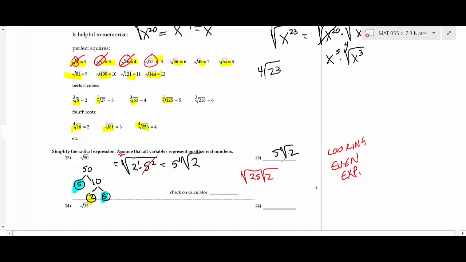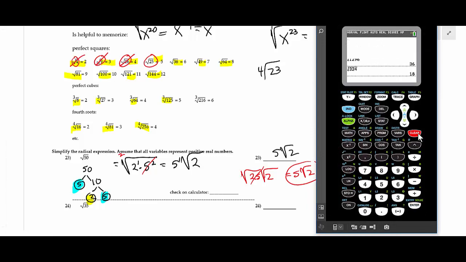Then what's the square root of 25? 5, and then you're left over with the radical 2. Isn't that easier? A little bit? It's a little less work. And that's the way I recommend that you do these problems when the numbers are small. If they're big, then you probably need to do the factor tree way. But you can always do the factor tree way if that's what you like, because it's always the same thing. So the answer would be 5 radical 2.